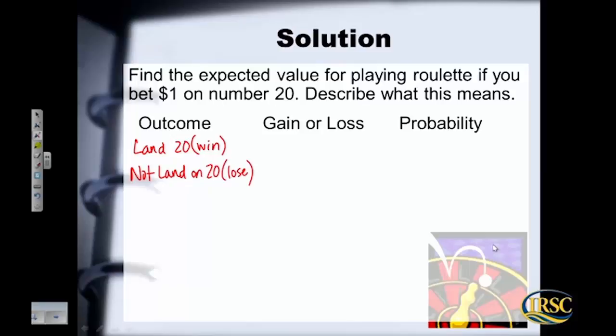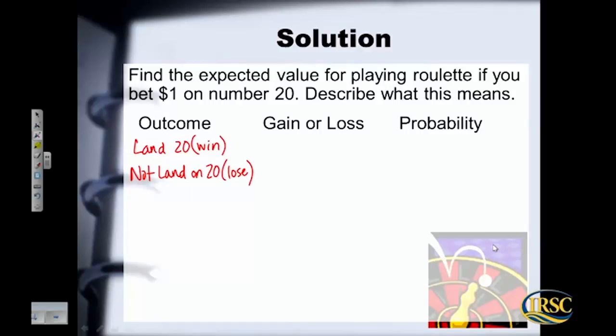Okay, so if you win, what is your gain or loss? No, $35. This is where it's helpful to have the handout. The handout reminds you of what was in the problem, so those of you that have the handout have the information. So you win $35. Now it says that you get your dollar back, but that's not a gain.